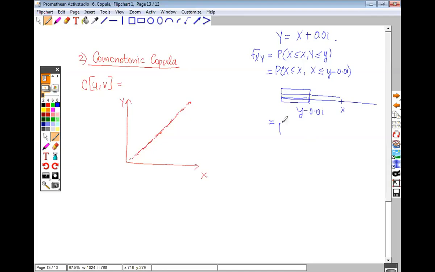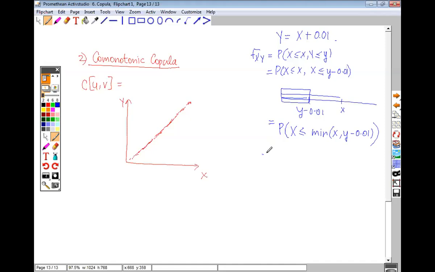So what I can write this as is the probability that my x will be less than or equal to the minimum of x and y - 0.01. If my x takes a value lower than this guy, then I know that my x should only be less than or equal to x, because that would imply that it is also less than or equal to this guy right here, right?